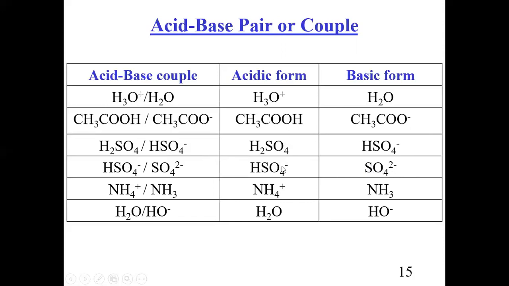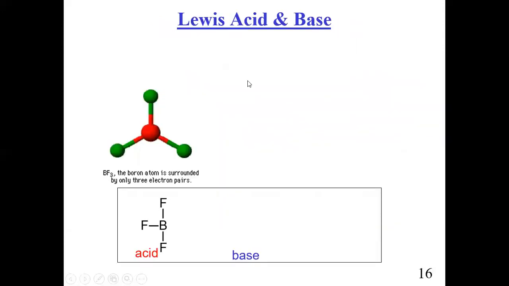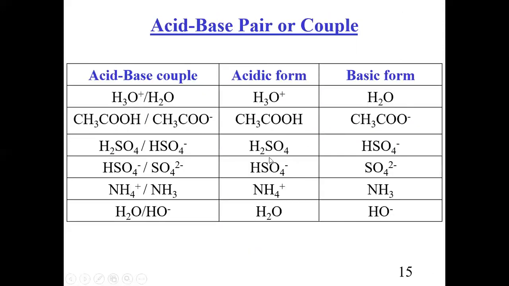And now if it was a minus charge and it lost an H plus, it became a -2 because you lost a proton. So it becomes more negative. Okay, and so you put the acidic followed by the basic in the form of a couple. Continue on with these and make sure you know how to write acid-base couples.